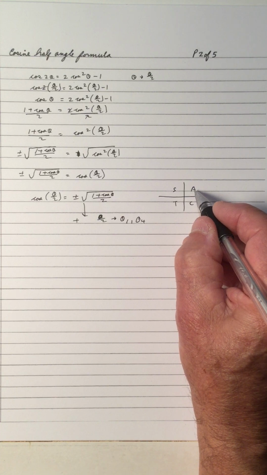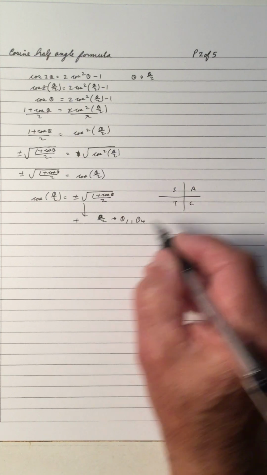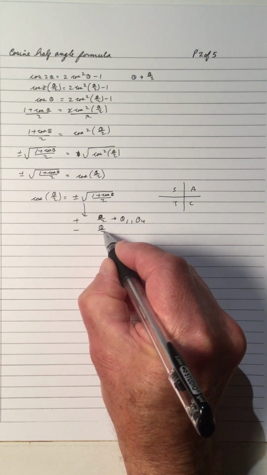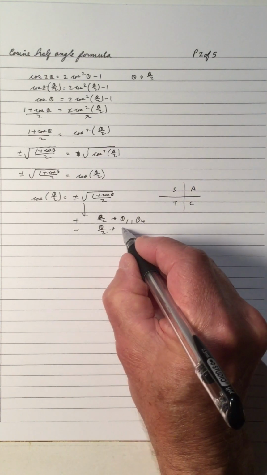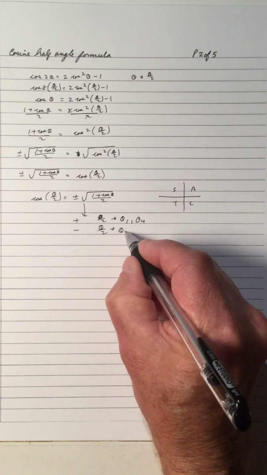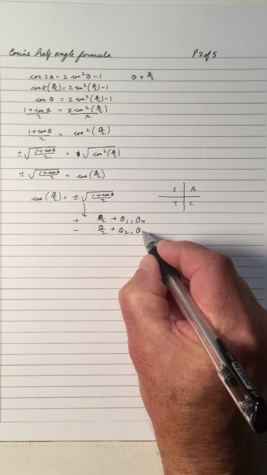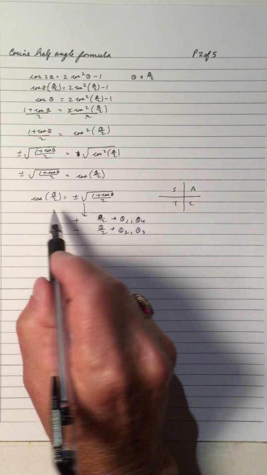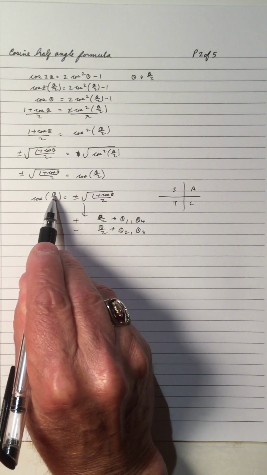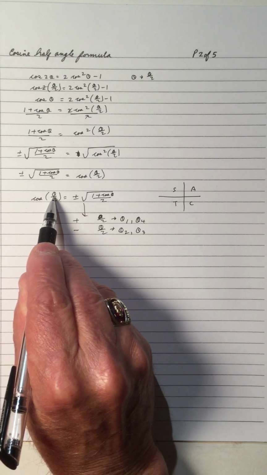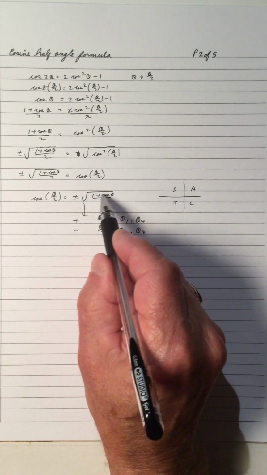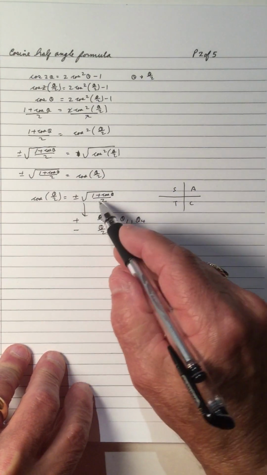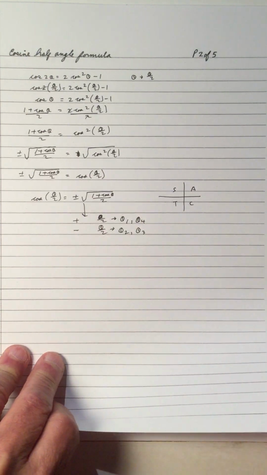And it's negative when theta over 2 lies in the other quadrants, quadrants 2 and 3. Whatever this angle is, when you take theta and divide by 2, that determines the plus or the minus that we use with this root. So notice it's plus or minus the square root of 1 plus cos theta divided by 2.